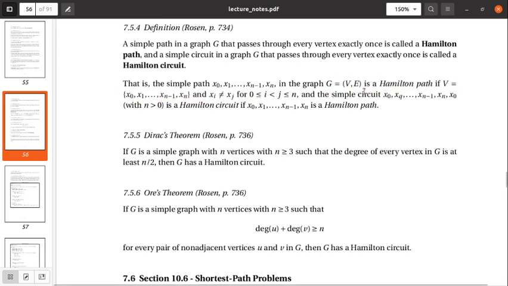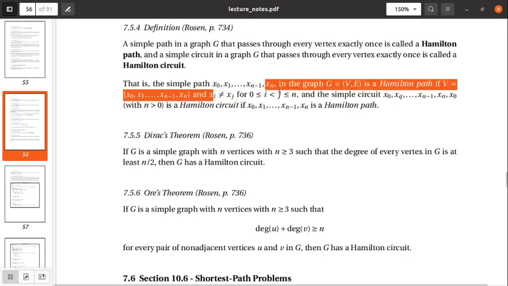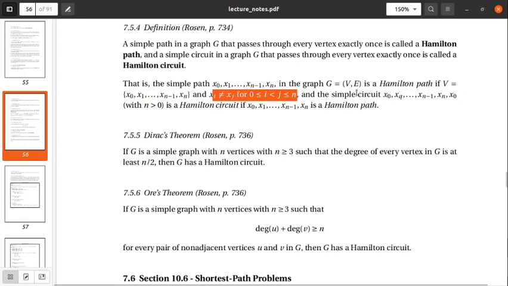That was for the path. So we have n plus 1 vertices, and each one of them is distinct. I could have written i not equal to j here, but whatever, we sort it here.